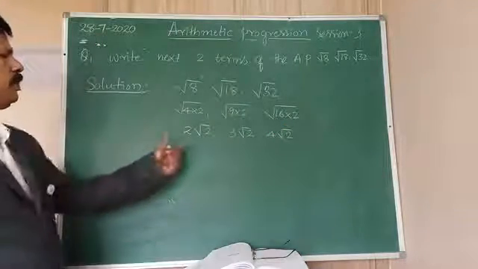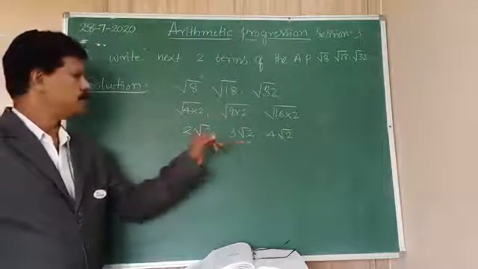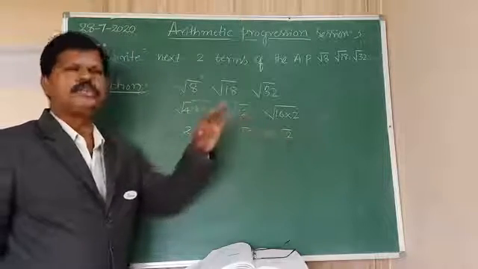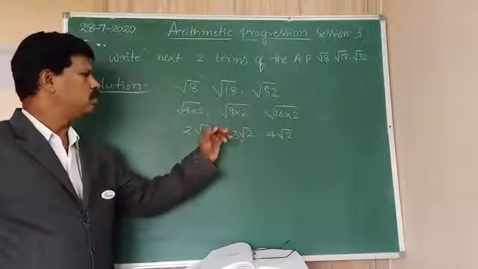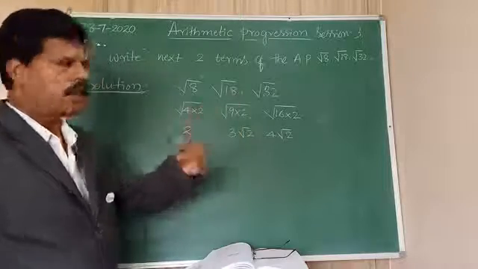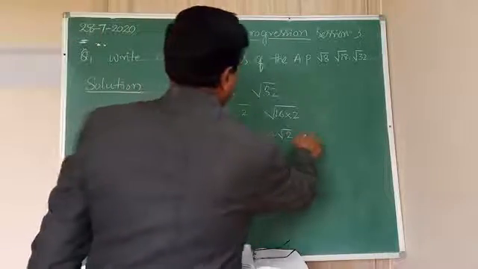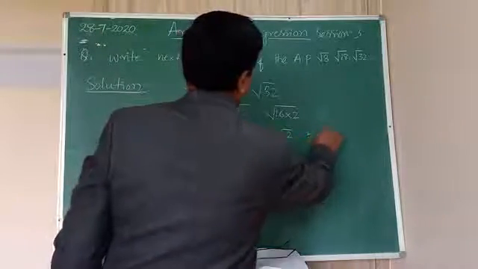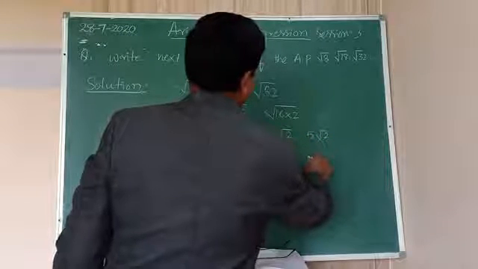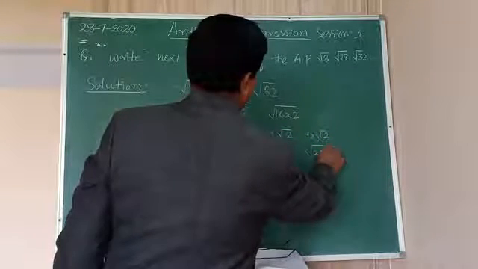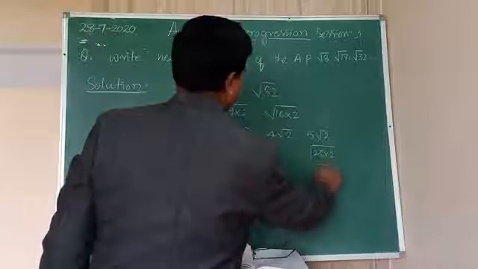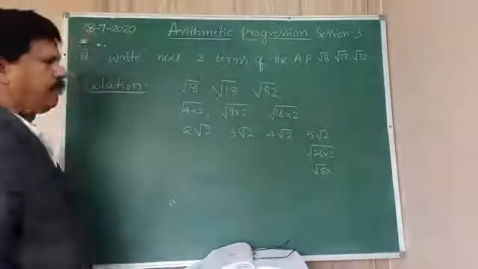So by observing these terms, see here root 2 is common. Then 2, 3, 4. Then you can write the next term as 5 root 2. That means square root of 25 into 2, that is root 50.